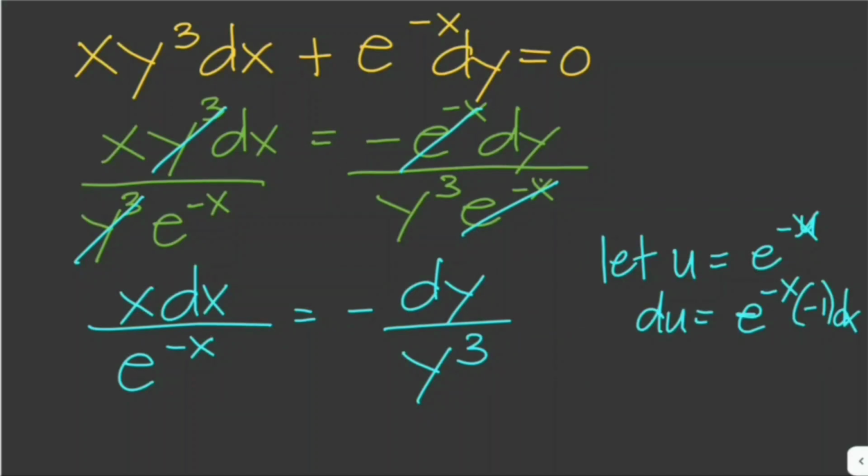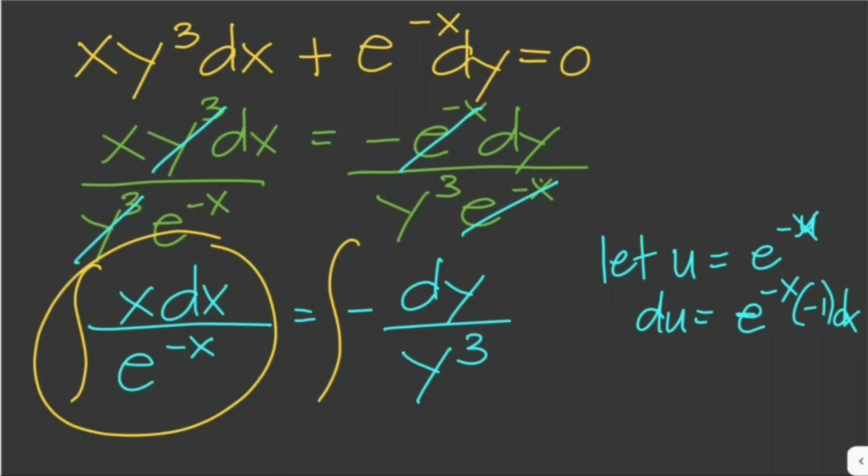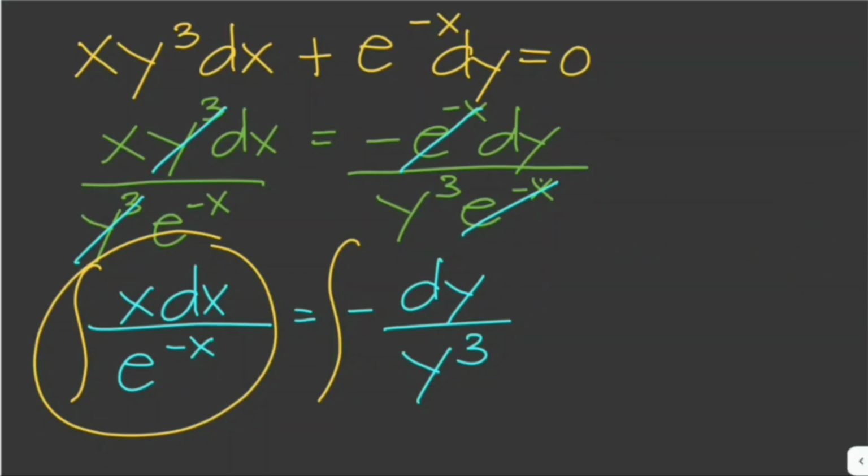Now we've already grouped all of the terms containing x and y with dx and dy respectively, and then we integrate both sides. So let's check if each of the sides is integrable. This one is integrable, but this one you cannot integrate directly. So in this case, we use integration by parts.